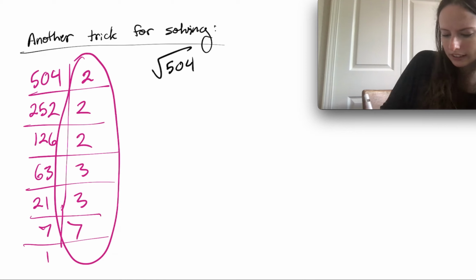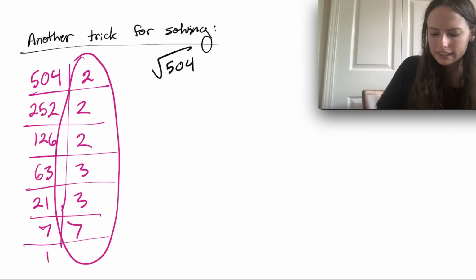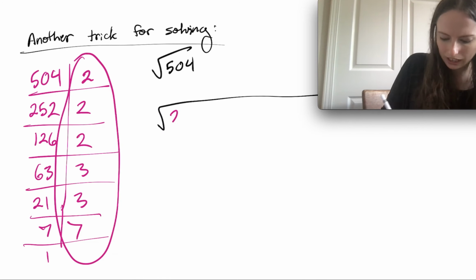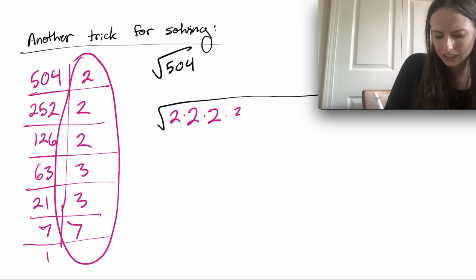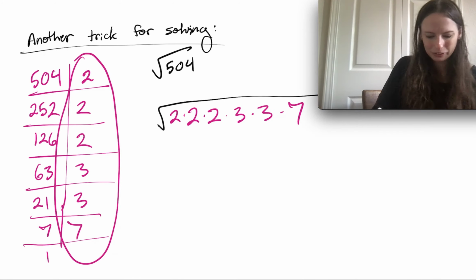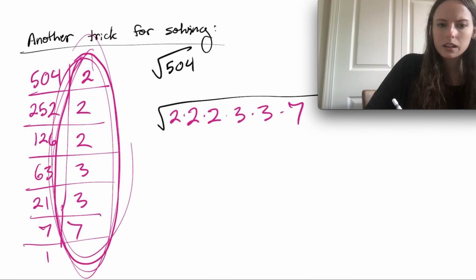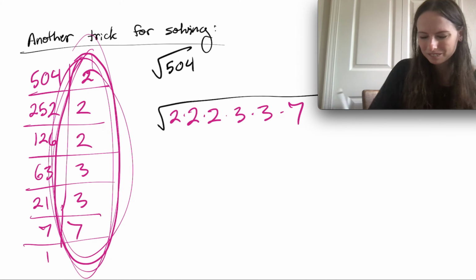So here's what we do with this. This means that the square root of 504 is the same thing as the square root of 2 times 2 times 2 times 3 times 3 times 7. I'm just rewriting all of these numbers under the radical because all of these guys multiply to 504.